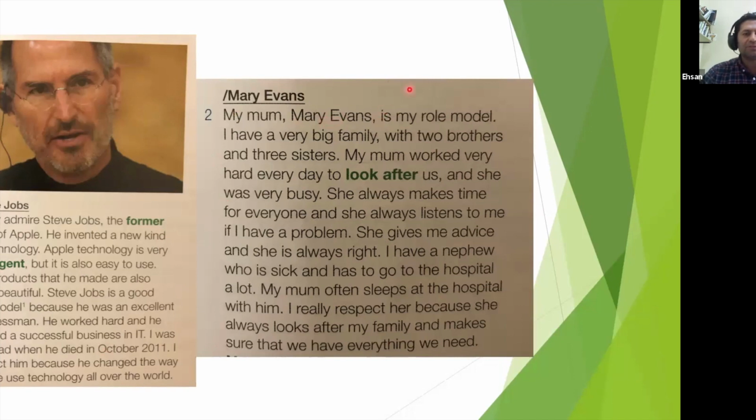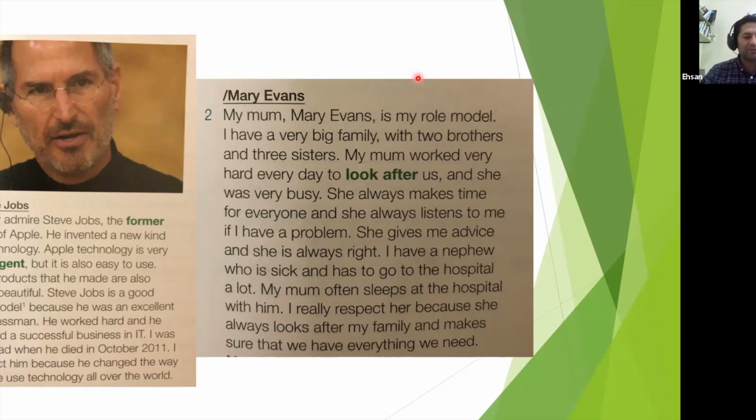If you look at the text, you can see that this is a short paragraph about Mary Evans, who is presented just as a mom and is also very busy. She is described as a mother of a big family with 5 children. She has worked very hard every day to look after her family.